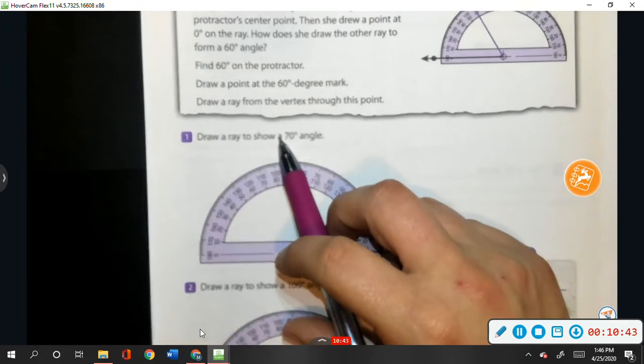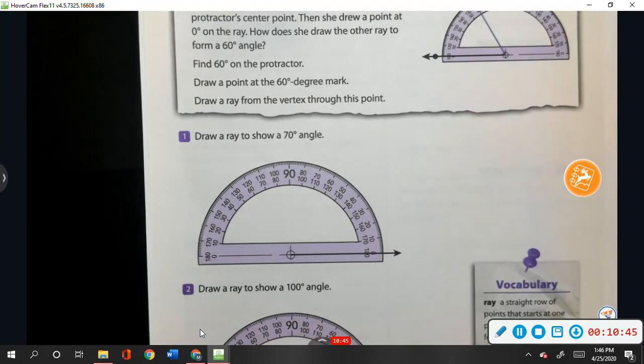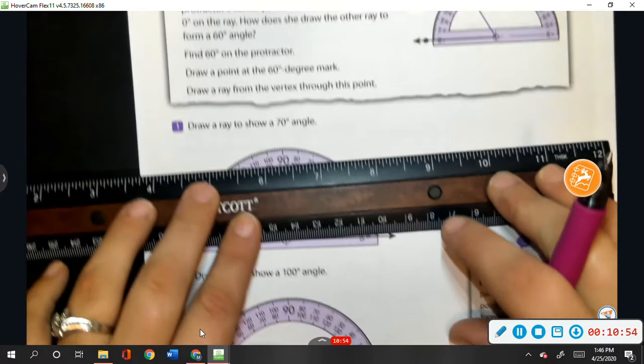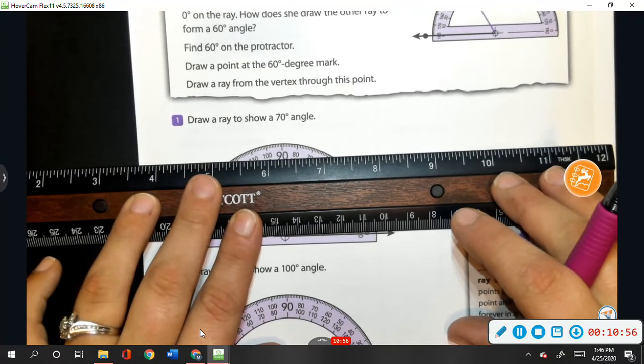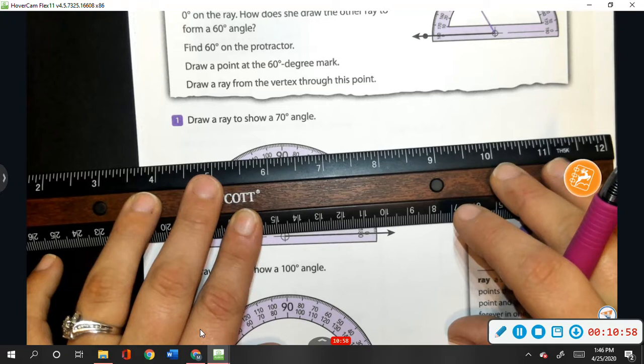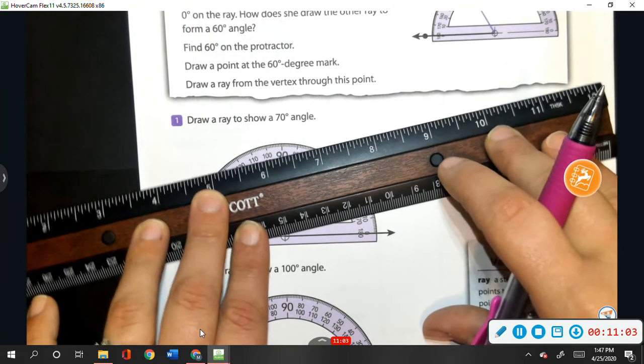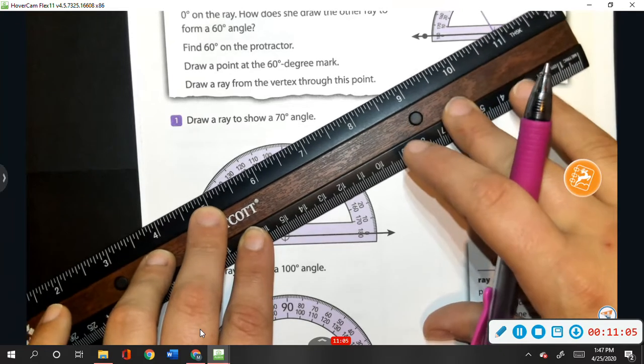Draw a ray to show a 70-degree angle. So if you have a ruler at home or if you have a straight edge, I would get that out. We want a 70-degree angle. So we're going to start at 0. And remember, angles turn at 1 degree each. So here's 10 degrees. Keep that on that vertex, on that center point.